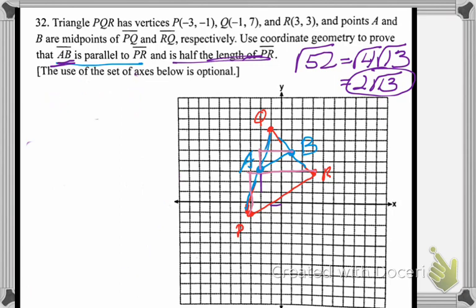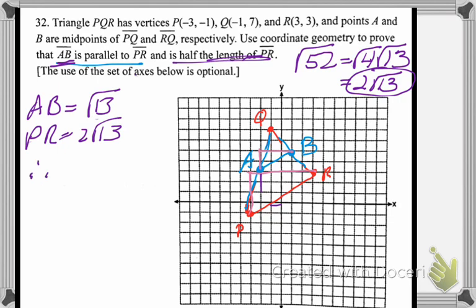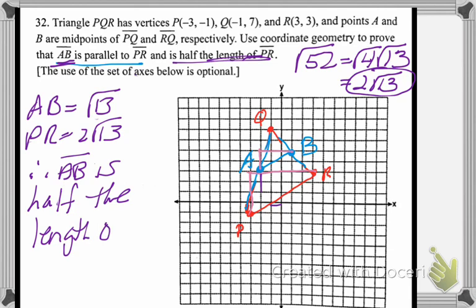So you're going to say that AB equals radical 13, PR equals 2 radical 13, therefore, remember that's the notation for therefore, AB is half the length of PR.